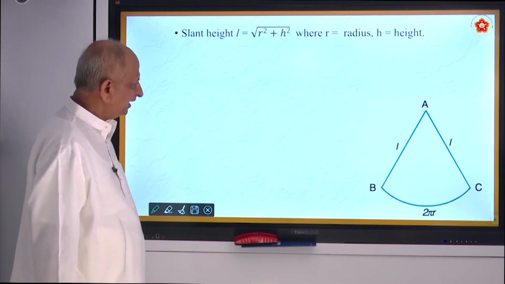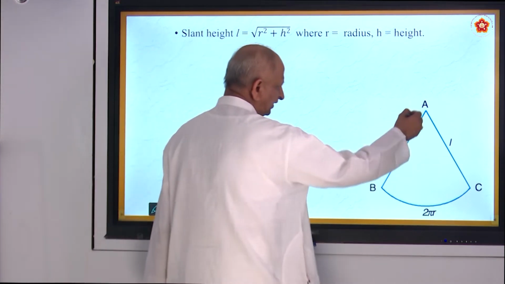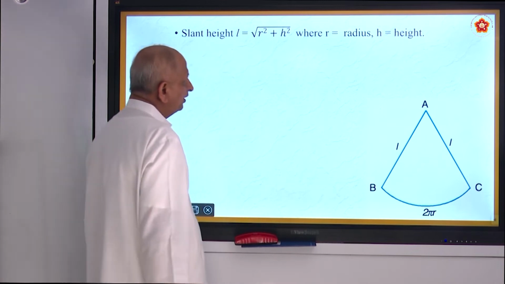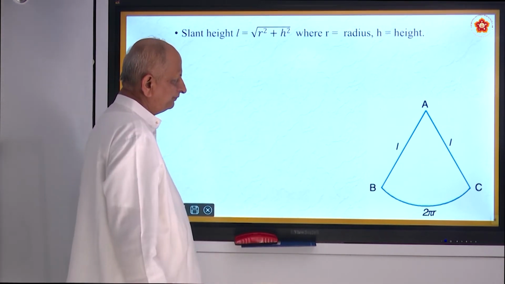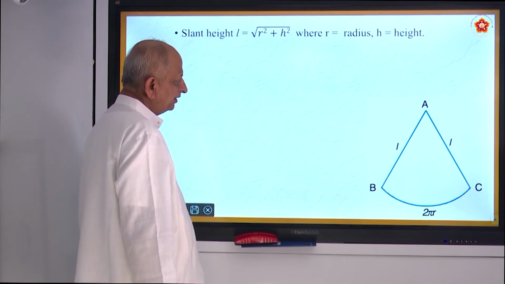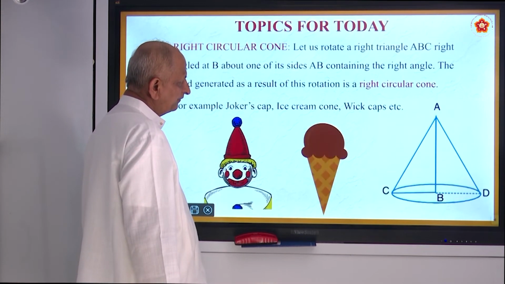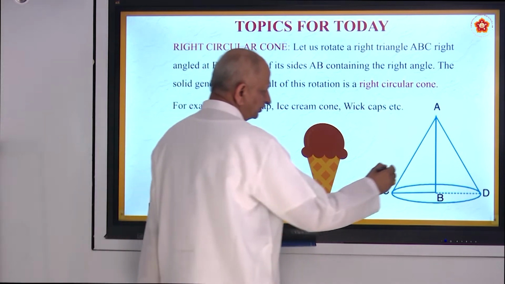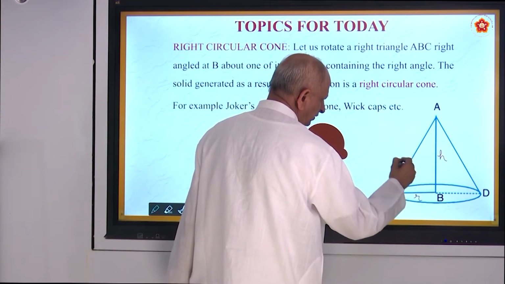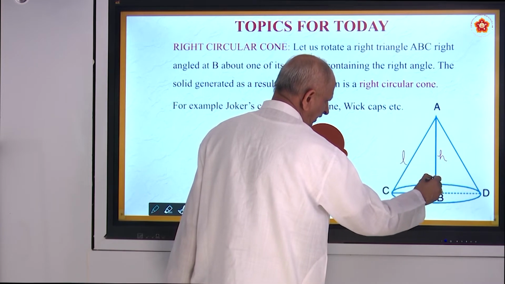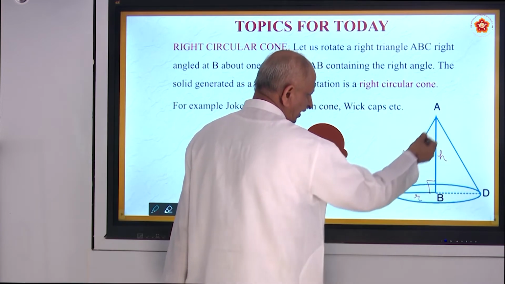So slant height L can be got by the formula root of r square plus h square. Referring to the previous figure, this is h, this is r, this is L. In this right angle triangle, L is the hypotenuse.